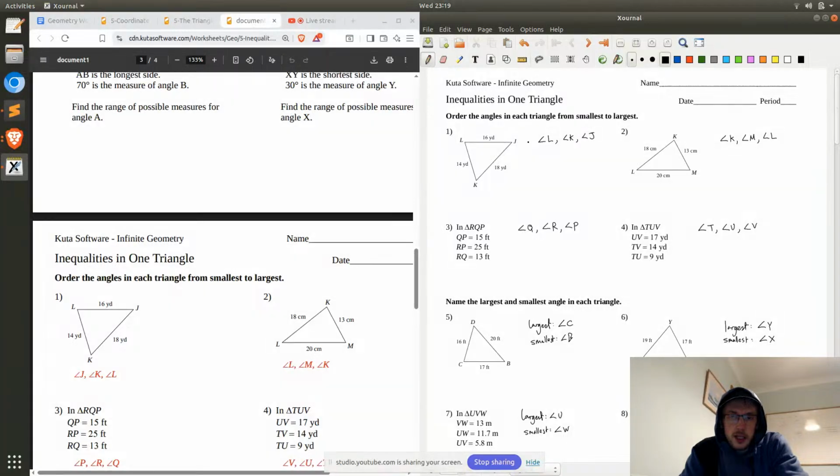So they JKL. So I've done it from largest to smallest, which doesn't actually follow what they said. So that's actually wrong. But the way I can correct it is to say that that's a misread.